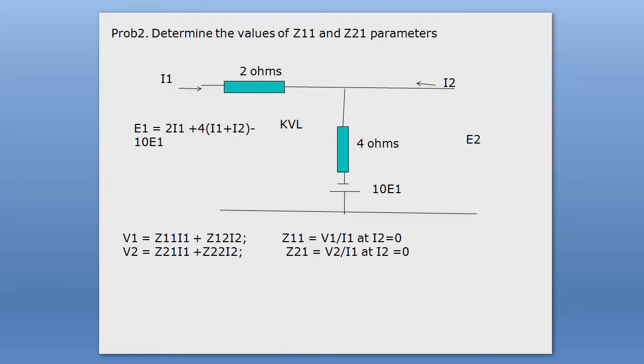E1, the supply voltage, equal to 2 I1 plus 4 (I1 plus I2) minus 10 E1, because the negative terminal is connected. Now you solve it yourself.